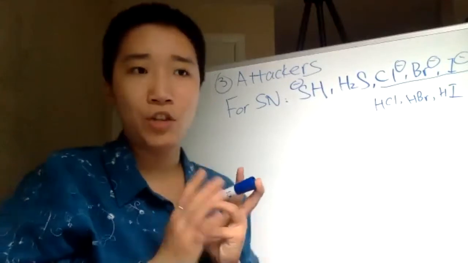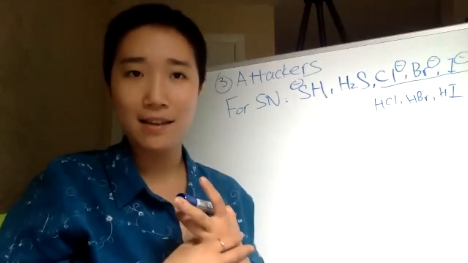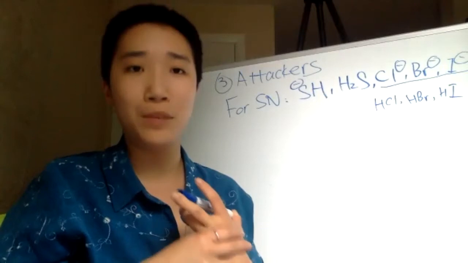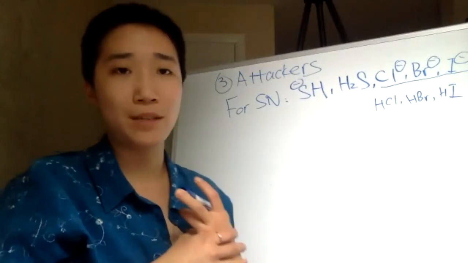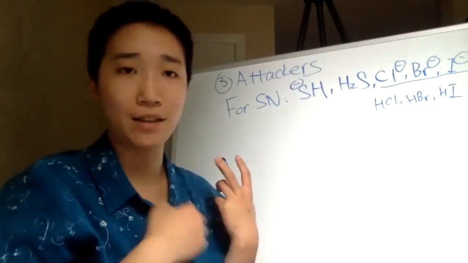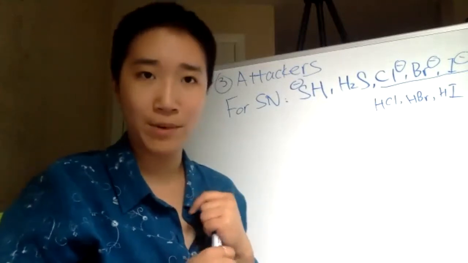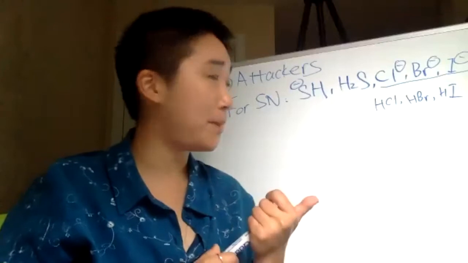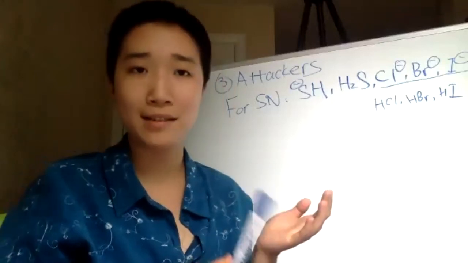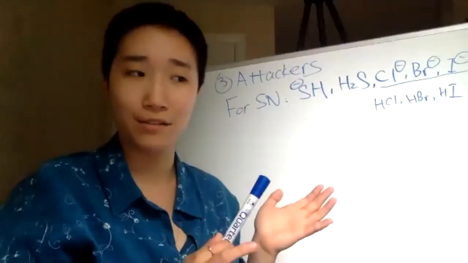Every time you're asked to determine basicity, think of the conjugate acid. If it's a weak acid, then the base must be a strong base. But in this case, it's the reverse. The conjugate acids are all very strong acids that you'll learn about in Gen Chem. Therefore, those bases are terrible bases, and they can only act as good nucleophiles.